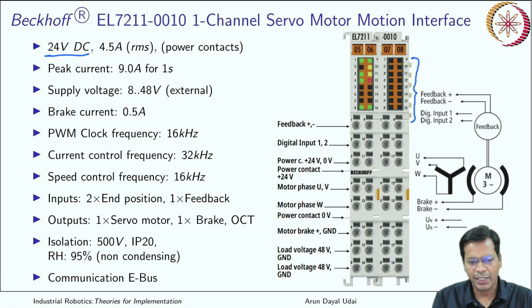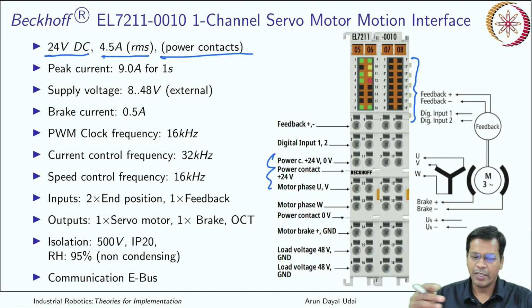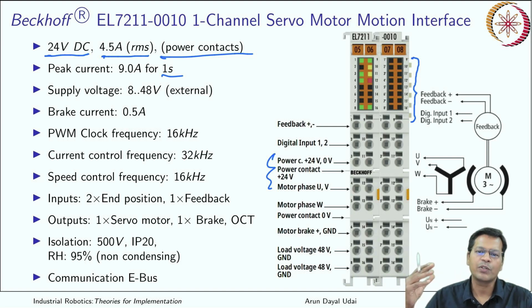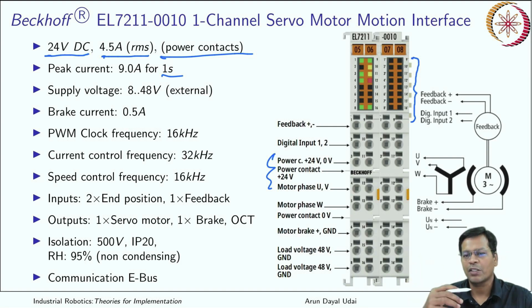The maximum current it can take is 4.5 ampere RMS, which goes to the power contacts. Peak current, for at least 1 second, it can handle up to 9 ampere. So you should be very careful. If your robot collides somewhere, it should not remain in that position without getting switched off automatically. You should not go beyond 1 second with this much current.